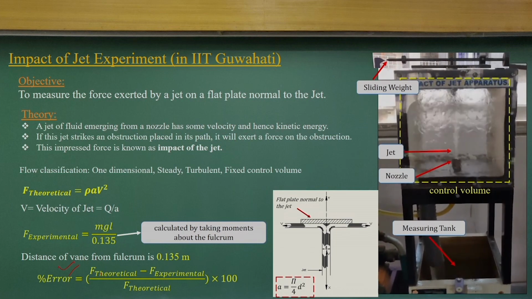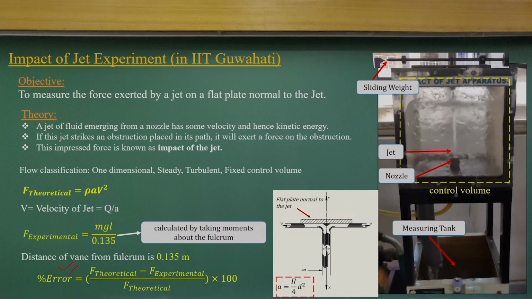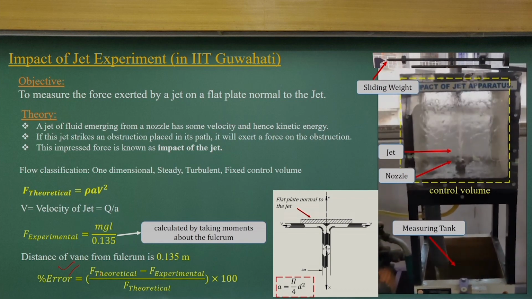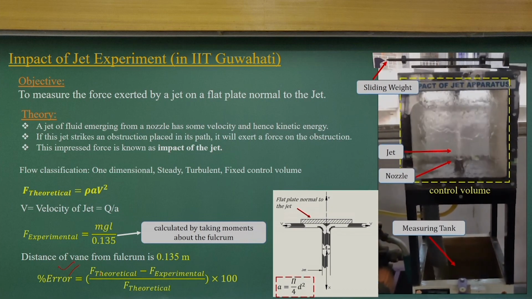This is a very simplified case. Here the impact is normal to the plate, okay. You can have many numerical examples where the plate can be inclined, the jet can be inclined, and different conditions we will also discuss in the next class.